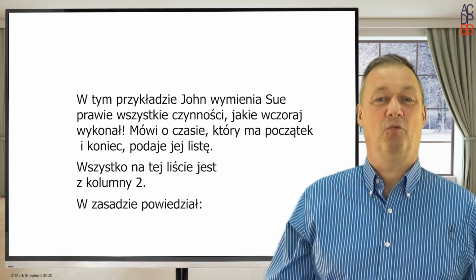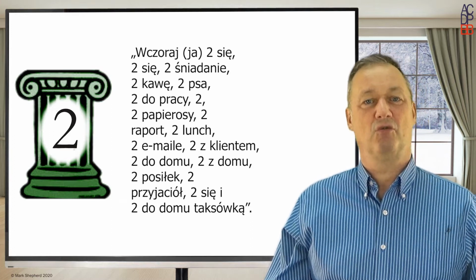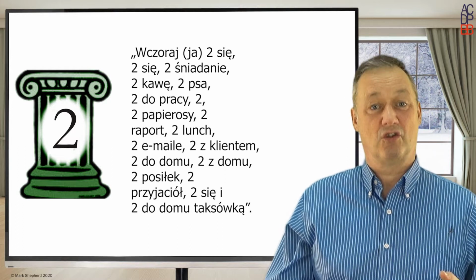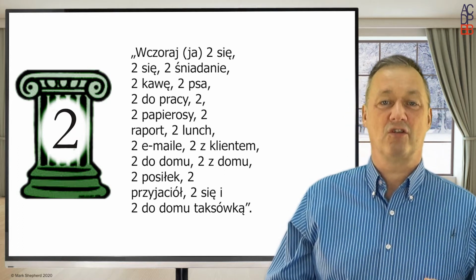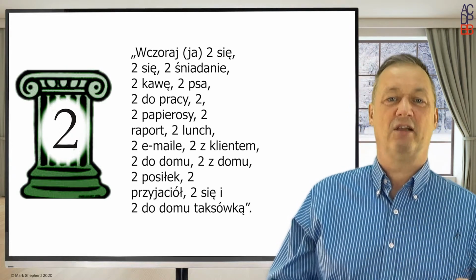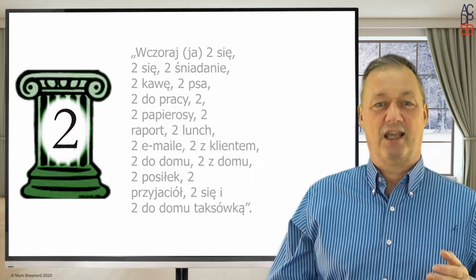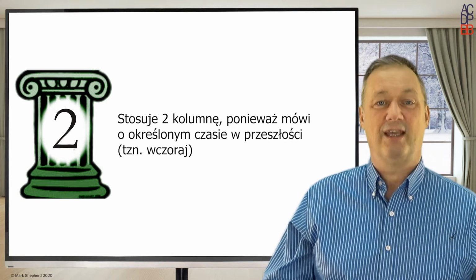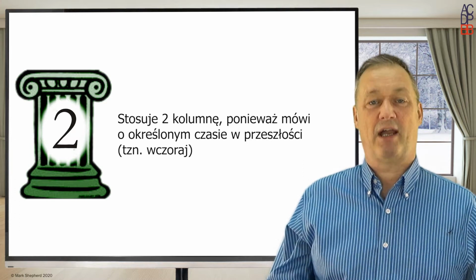So basically, what he said was, yesterday, I 2 up, 2 breakfast, 2 coffee, 2 the dog, 2 to work, 2 cigarettes, 2 a report, 2 lunch, 2 emails, 2 with a client, 2 home, 2 out, 2 a meal, 2 friends, 2 drunk, and 2 home in a taxi. He uses column 2 because he's talking about a named period of time in the past.